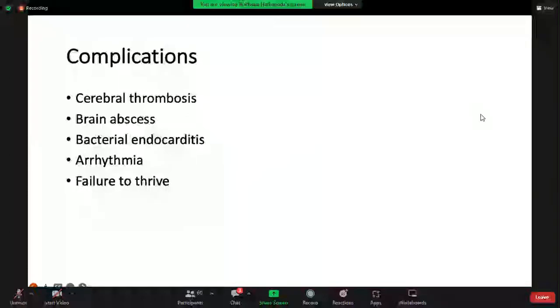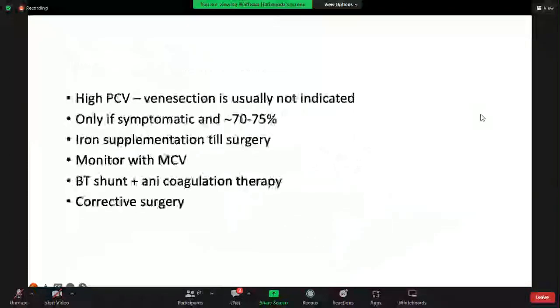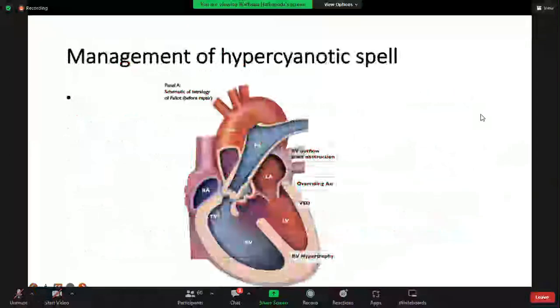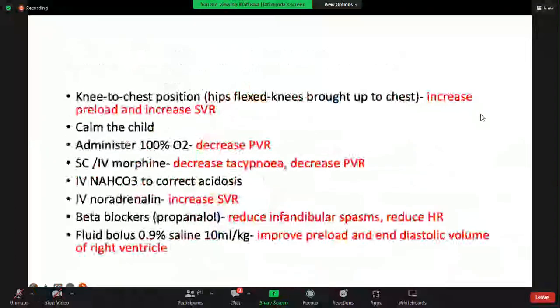So now this child comes with a hypercyanotic spell. So apart from the acute management, what else should you be doing in the long-term management? What else you have to do? So what is the definitive treatment for tetralogy of Fallot?